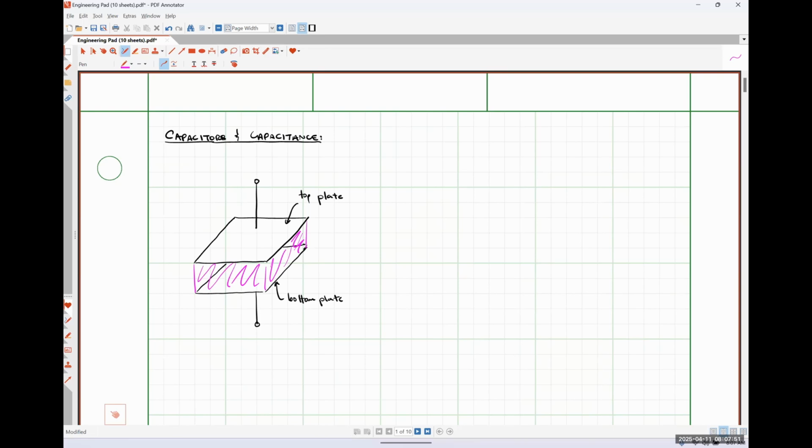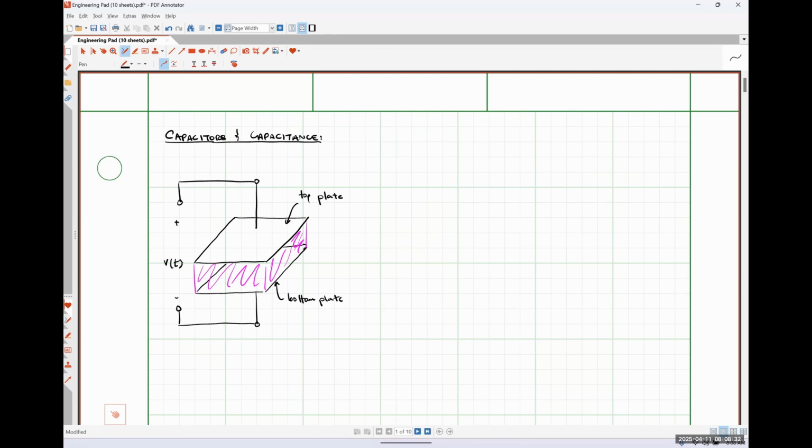Okay. So I want to talk a little bit about how a capacitor works. Essentially, if I were to apply a voltage across the terminals of this capacitor, plus minus V, like so, the positive polarity terminal of my applied voltage is going to wind up attracting electrons from that top plate, okay?